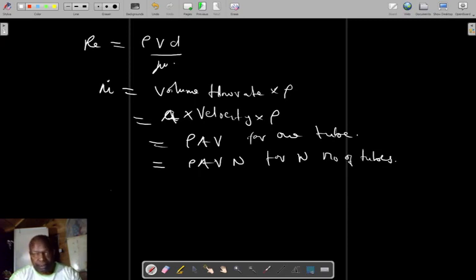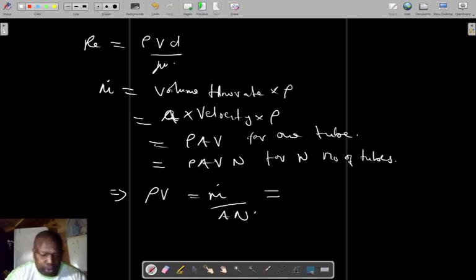So from this we can determine our rho V, which is equal to the mass flow rate divided by the area times the number of tubes, and that is equal to 12.5, the mass flow rate, times 0.03.